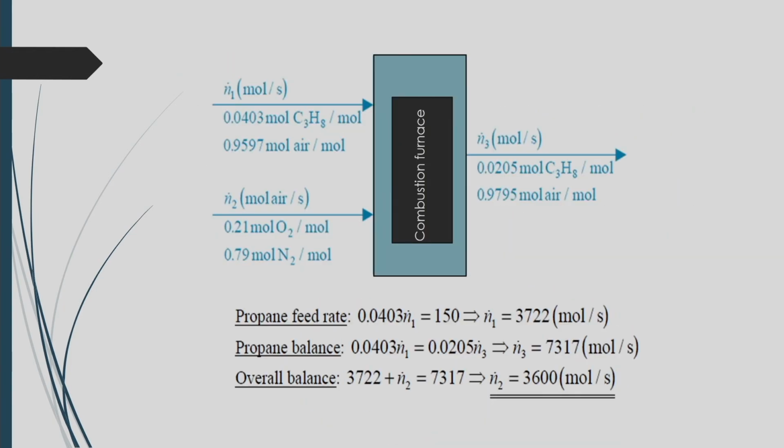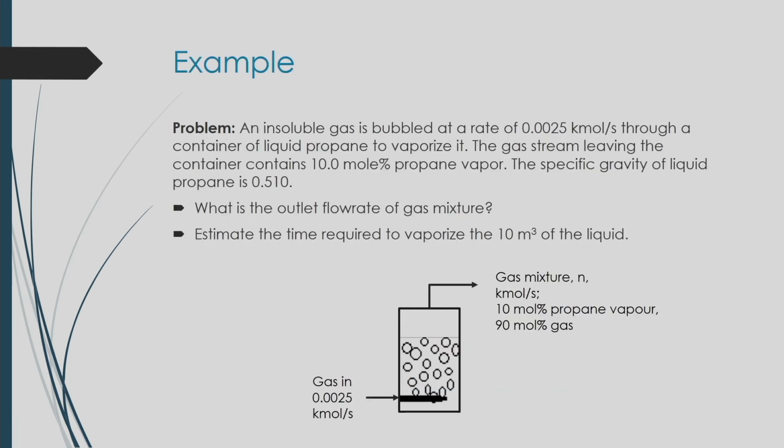Based on this problem, you have to first do the propane balance, and if you write this you can get this N3 value as per this diagram given, and overall material balance based on which you can find out what will be the N2 value there.